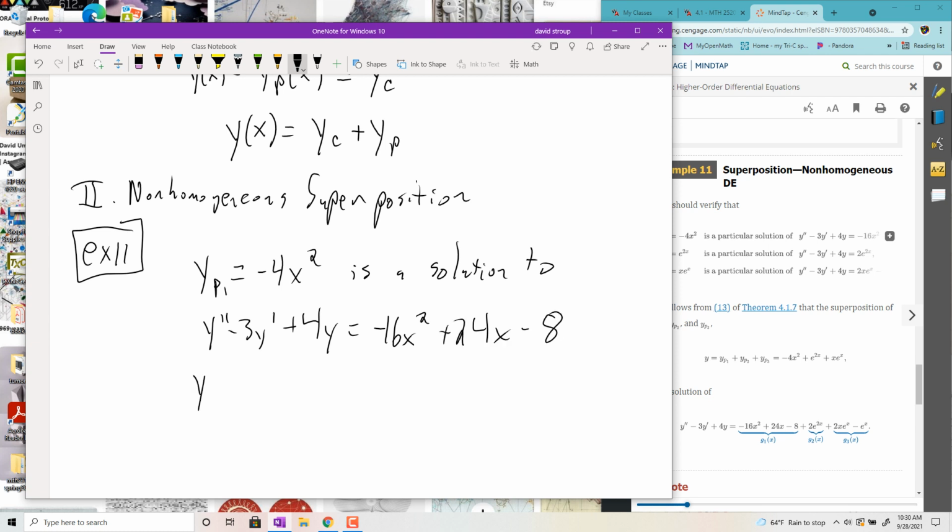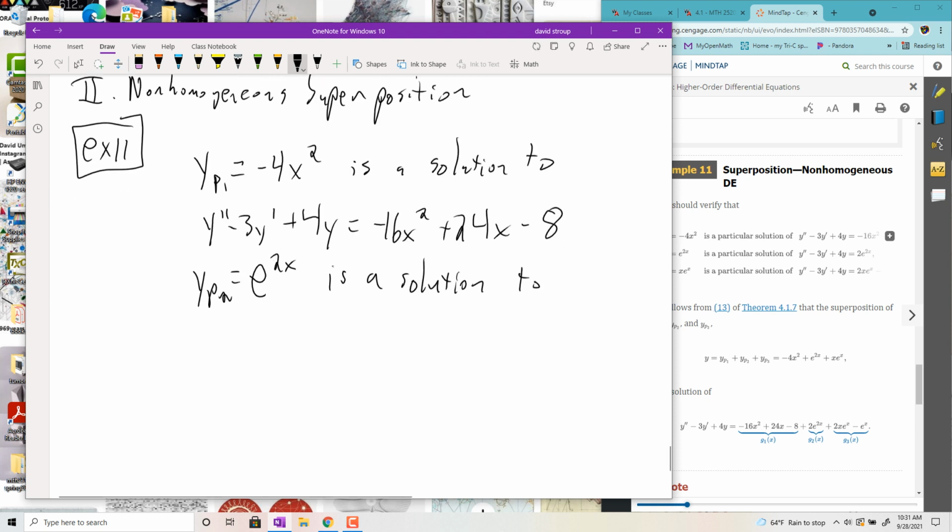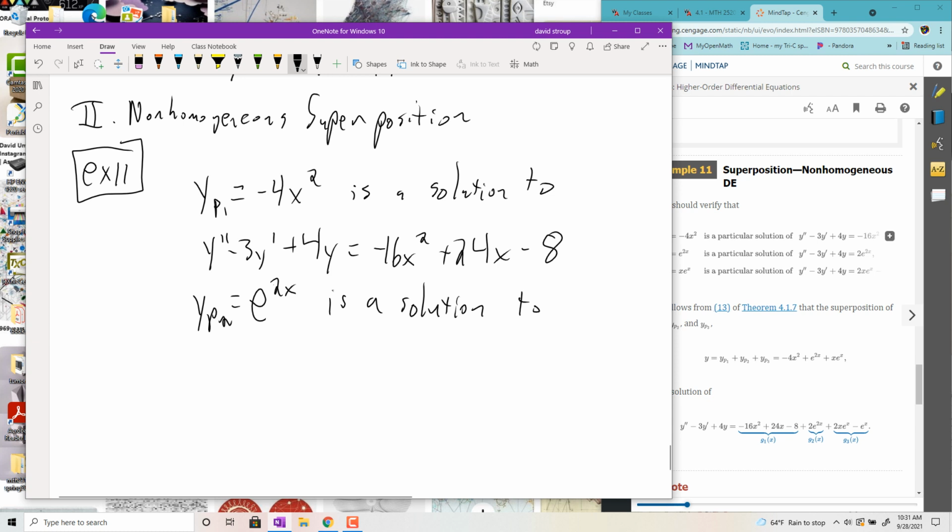And then let's say we have y sub p sub 2 equals e to the 2x is a solution to, and the L of y doesn't change, but the g of x changes. So we have y double prime minus 3y prime plus 4y equaling something else like 2e to the 2x, okay?